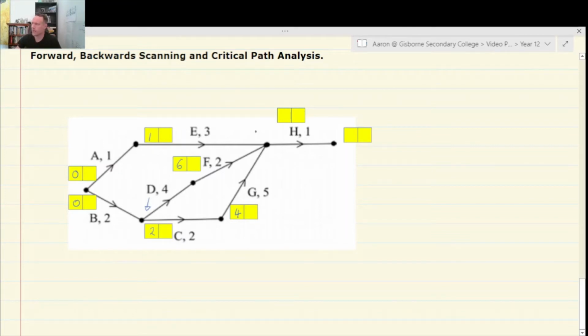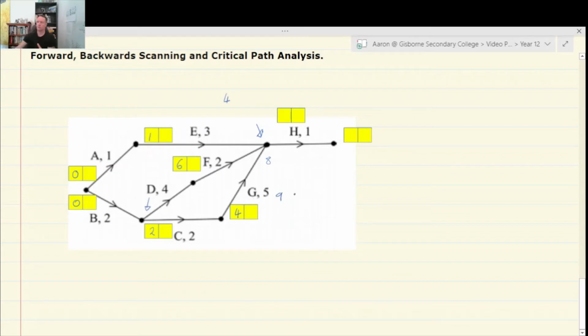Now, at this point, we get to the first, I guess, tricky thing that we need to consider. H can start after E's finished, F is finished, and G's finished, but not until all of them are finished. So E finishes at 4 hours, F finishes after 8 hours, and G finishes after 9 hours.